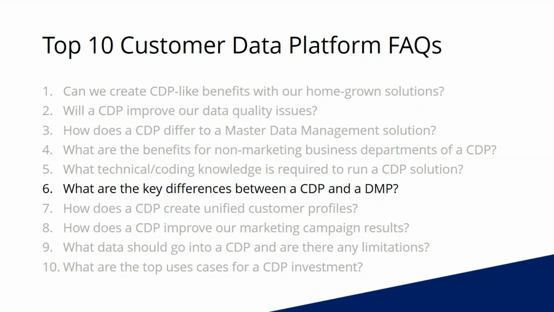So a data management platform is a precursor to where you put your data in order to advertise online. It's an advertising channel, and the DMP at its core is all about managing device cloud data.